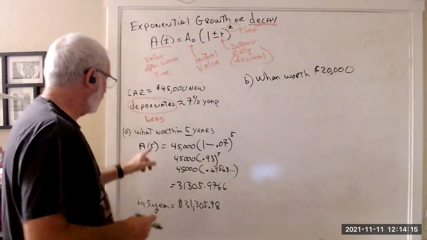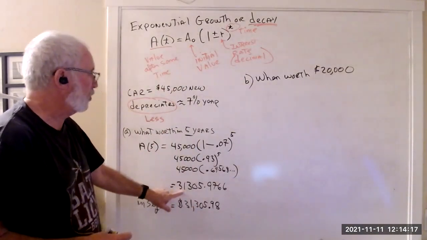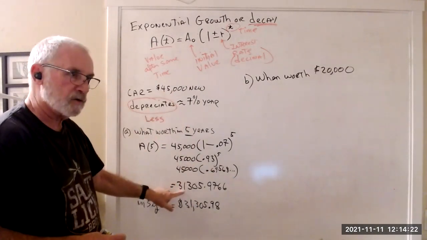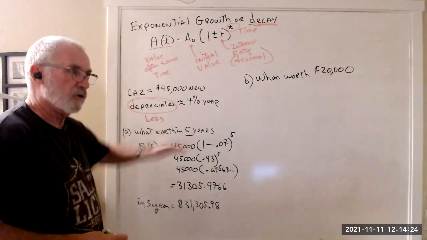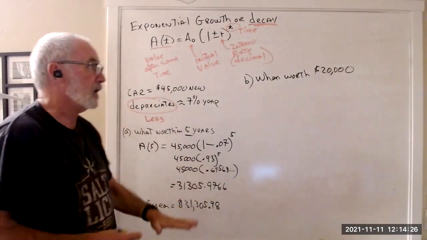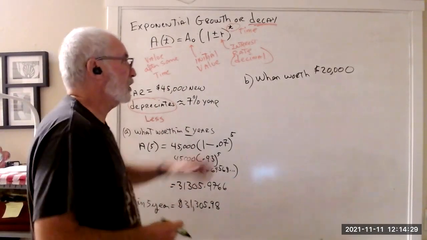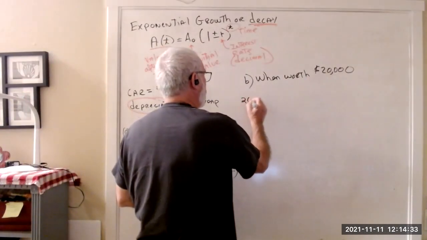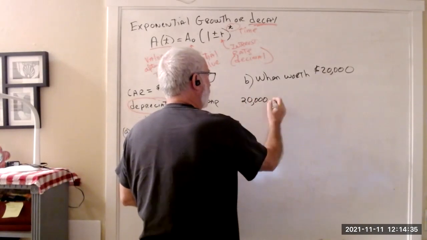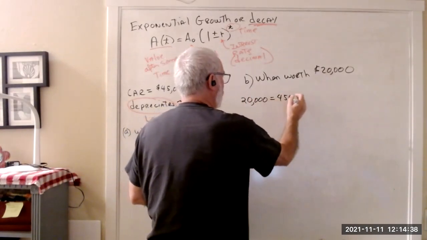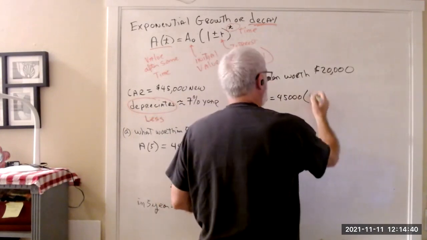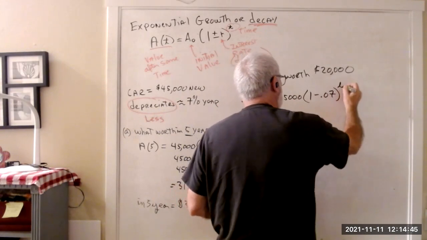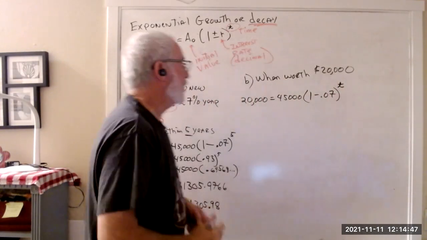We've already seen that in 5 years, it's going to be worth 31,000. So it went from 45,000 down to 31,000 in 5 years. So if it keeps going down in price, eventually it's going to be worth 20,000. So someday it'll be worth 20,000, but it's going to start at 45,000 times 1 minus 0.07 raised to the t power.